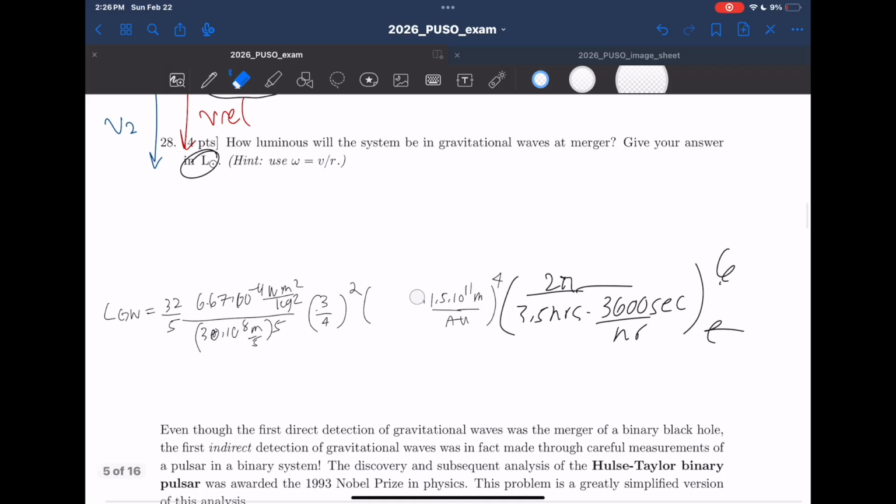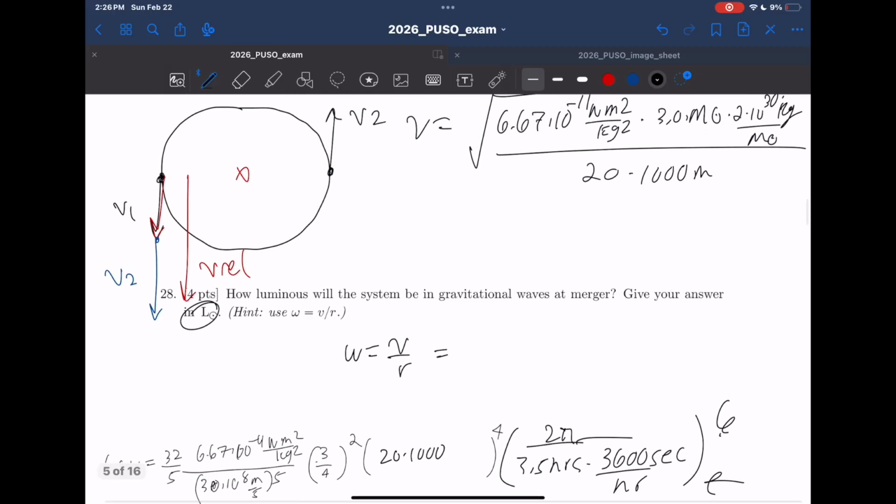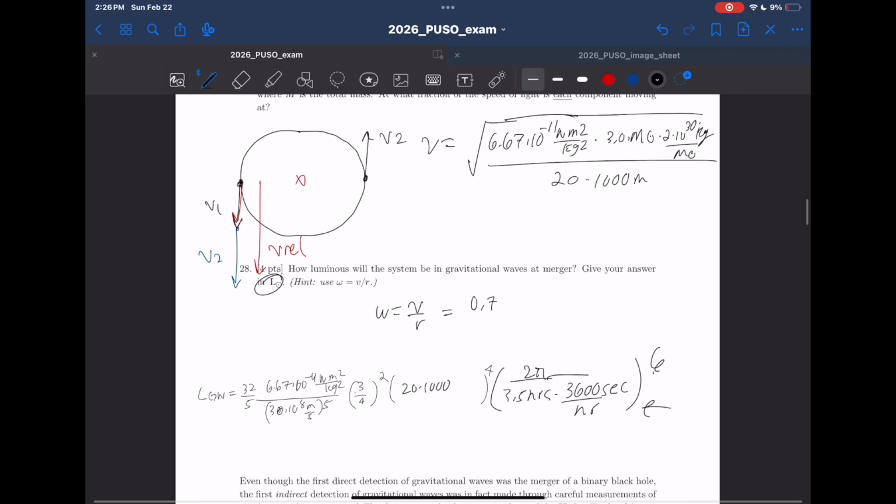Your orbital axis is going to change. Now this is going to be 20 kilometers, so 20 times 1,000 here. And then your period evidently changes. So here we're using the notion that omega equals v over r. So this will be the relative velocity, right? Yeah, it should be 1.4 times 10 to the 8th meters a second divided by 20 kilometers, I guess just 20,000 meters.